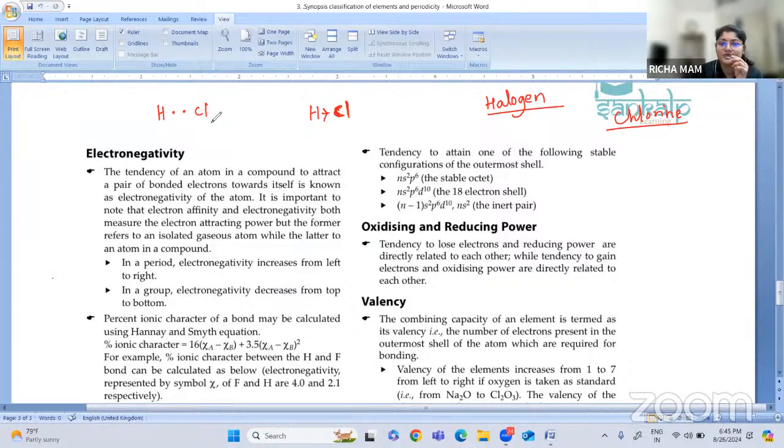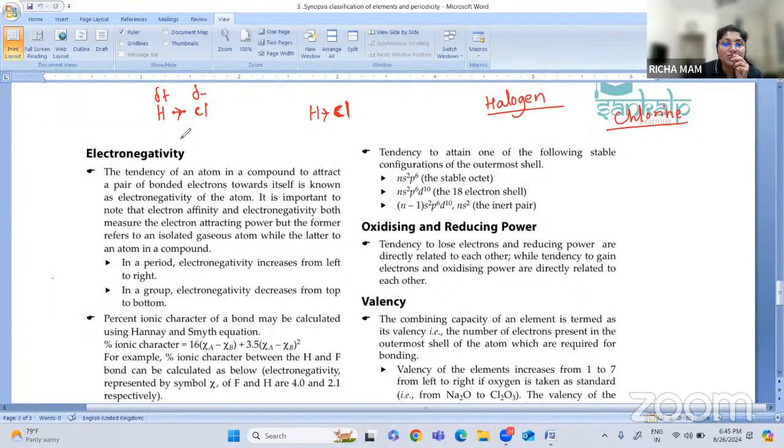Chlorine wants to attract the electron towards itself. As a result, there will be a partial negative charge on chlorine and a partial positive charge on the hydrogen atom.